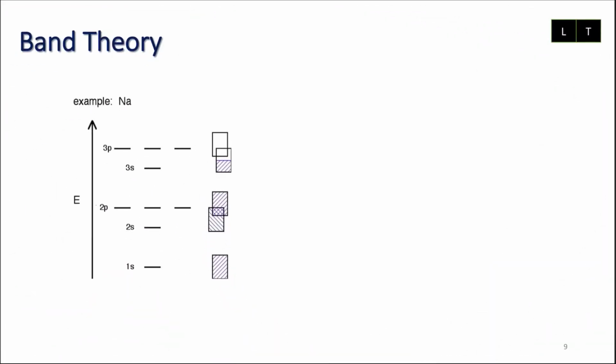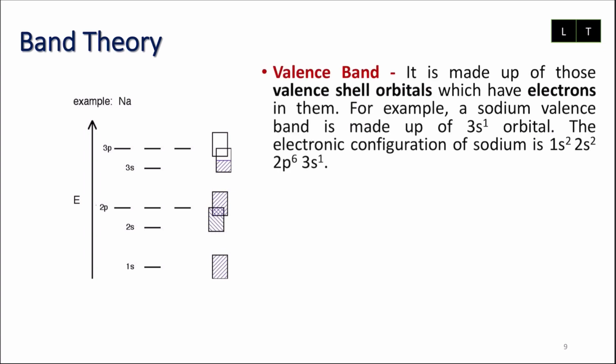So mari kita lihat this illustration. You can see that we have example sodium. So sodium you have 1s2 2s2 2p6 3s1. So that is for sodium. So apa itu maksud valence band? Valence band adalah di mana valence shell orbitals which have electrons in them.